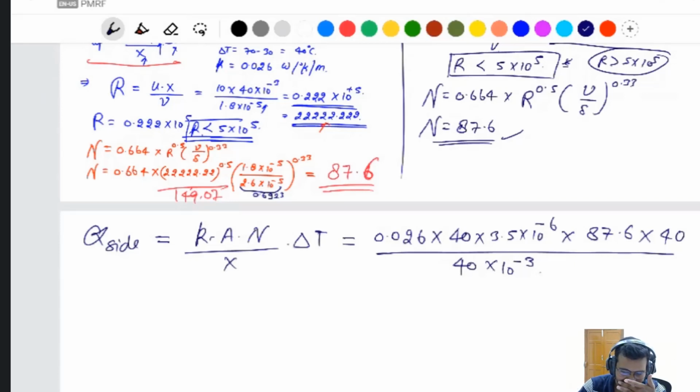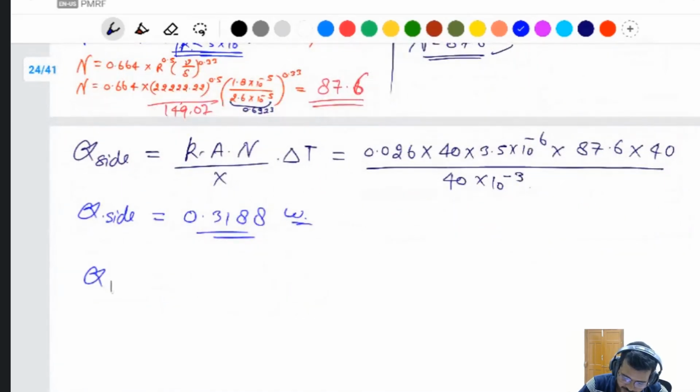Then calculate the Q side. It is 0.3188 watt. This is the power.